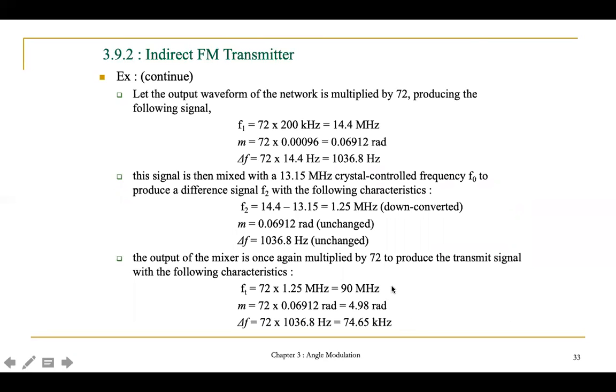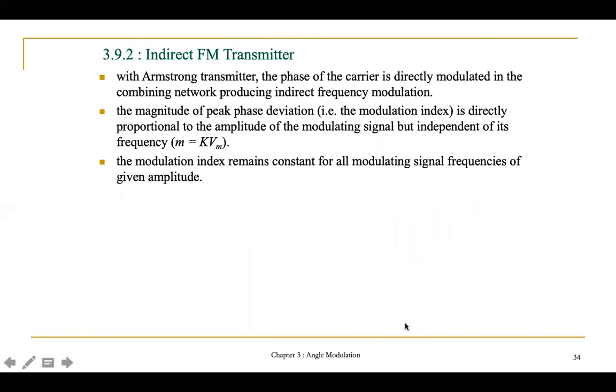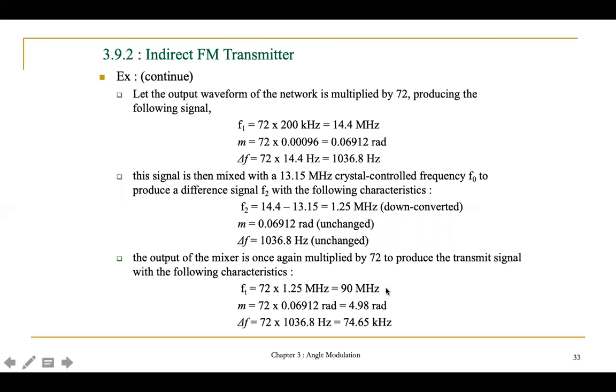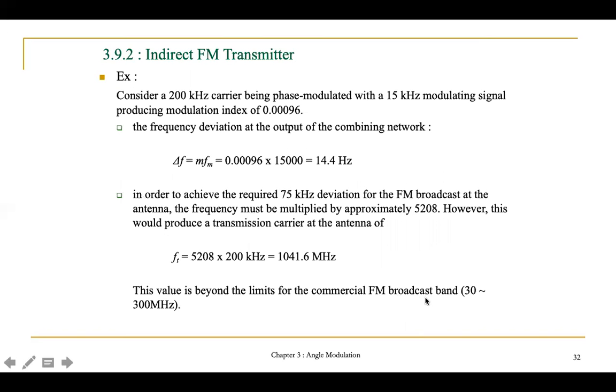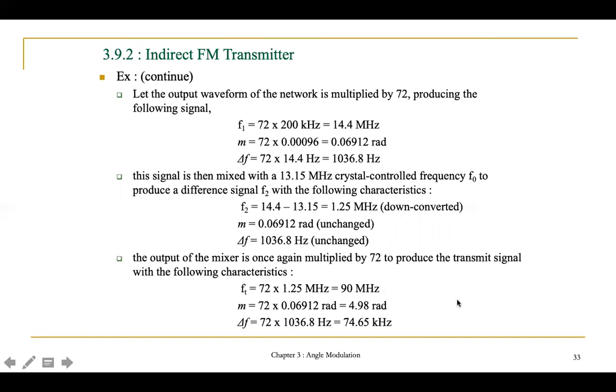Okay, so your frequency deviation already satisfies the requirement of 75 kilohertz. Okay, so you get 74.65 kilohertz, and your frequency is also between the range 30 to 300 megahertz. This one is 90 megahertz.